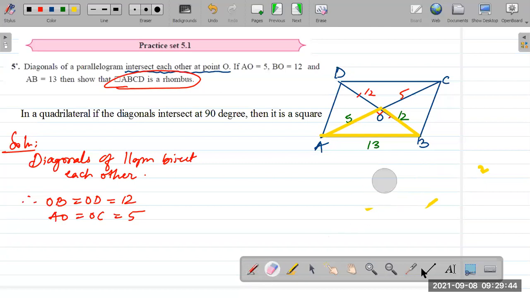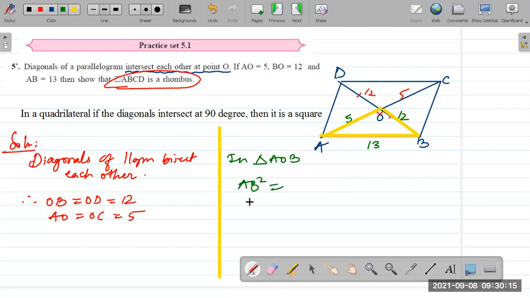Okay, so let's prove that part. Please look at the steps. The steps are really important. How you write it out is really important. So we start by stating, you can name the triangle first. So in triangle AOB, 13 square, which is AB square, the highest square on one side, 13 square, that is 169.